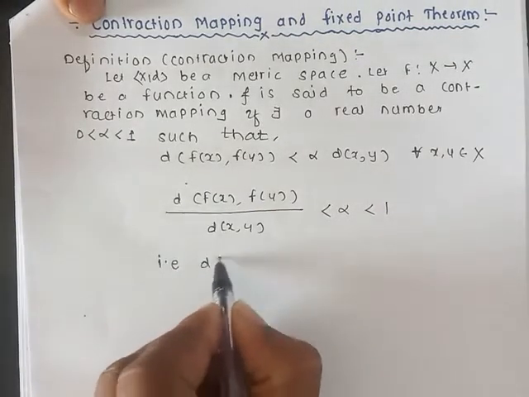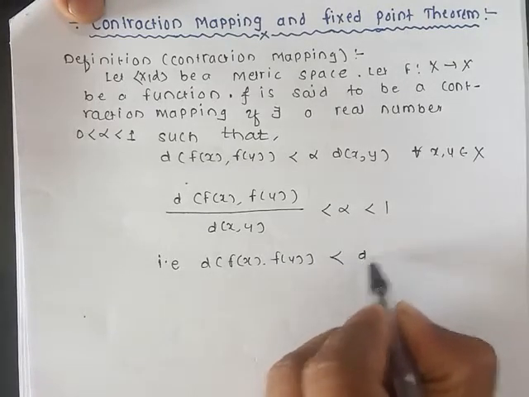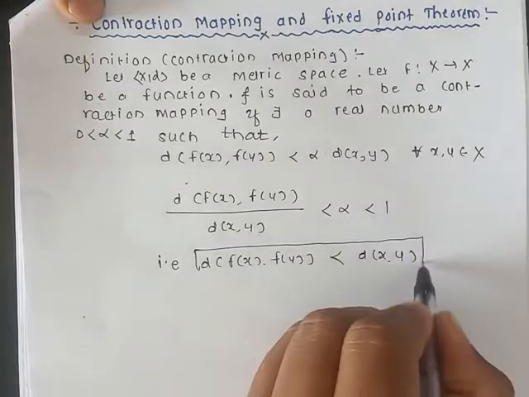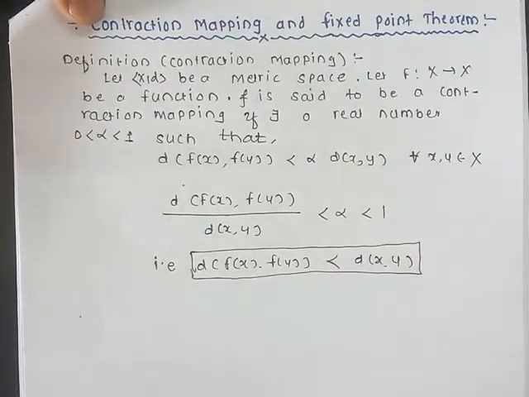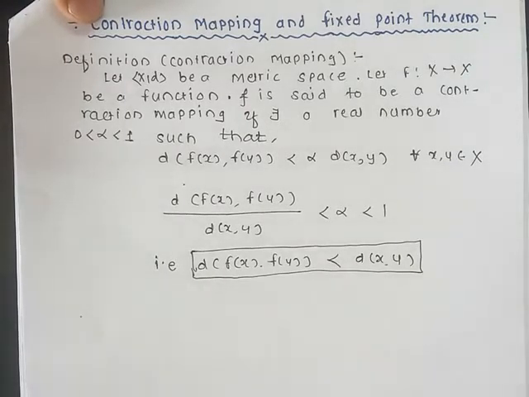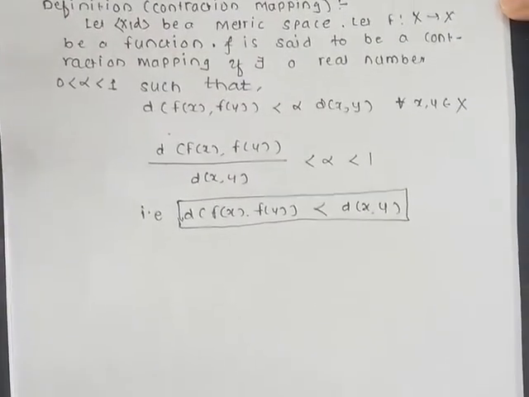That is, the distance between images is less than the distance between their points. That's why we say f is a contraction mapping: it contracts the distances between the points. So this is the definition of contraction mapping.